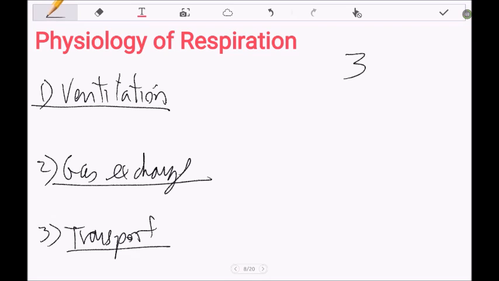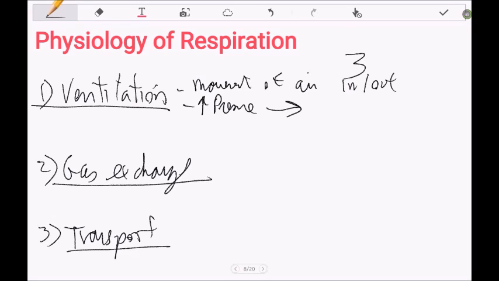So transport, that's where it comes in. So ventilation, like we said, is a movement of air in and out, from high pressure to low pressure.